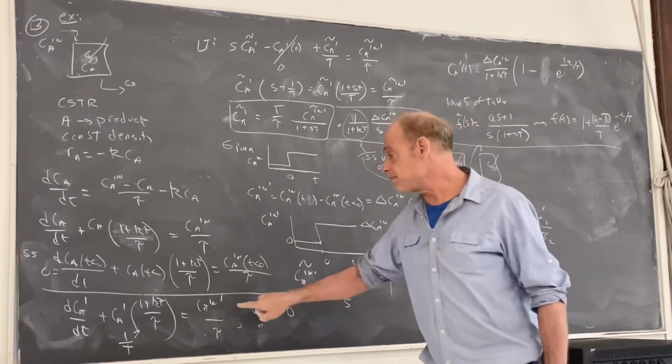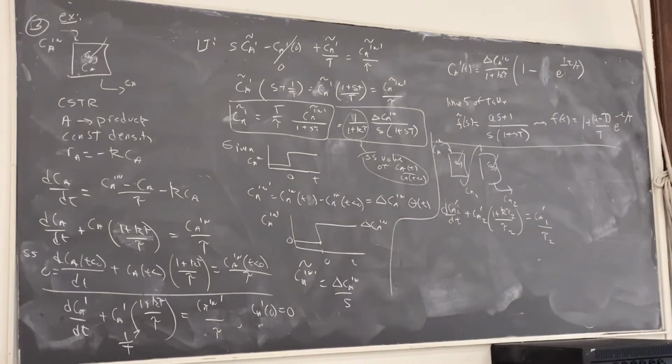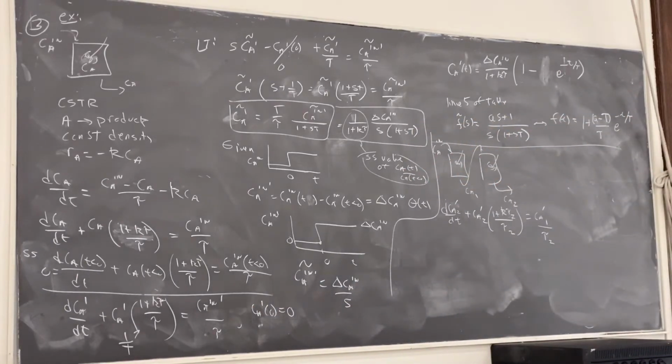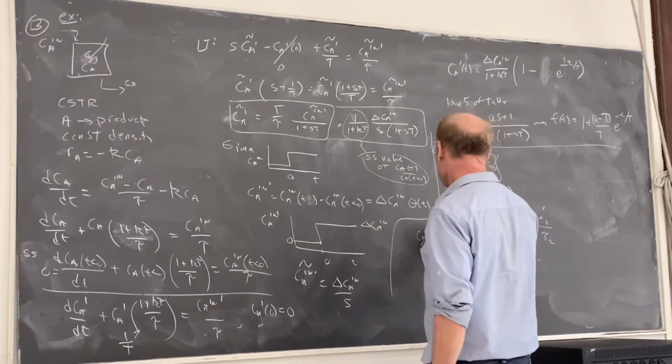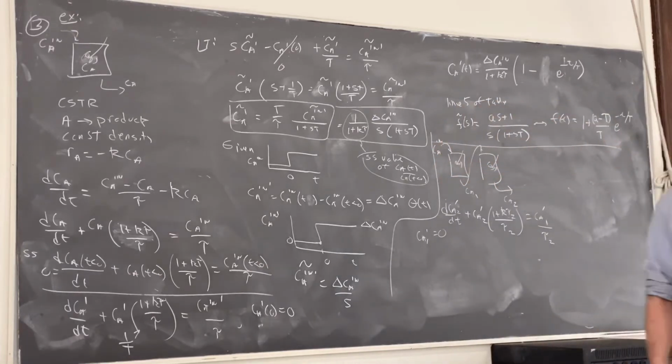So it's the exact same equation. Is that clear? And now, again, I have that CA2 prime at 0 is equal to 0, because by definition, a prime at 0 is 0.